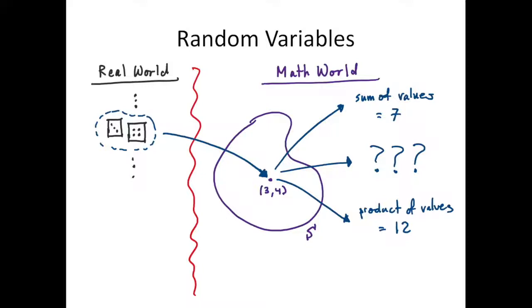Or if I'm interested in the product of the values, I could map 3, 4 to the number 12. Or any other possible calculation I want there, I could define a random variable that does that. So the idea here is I have essentially an input that is a sample point and an output which is a real number. So going back to college algebra, this really is the notion of a function.